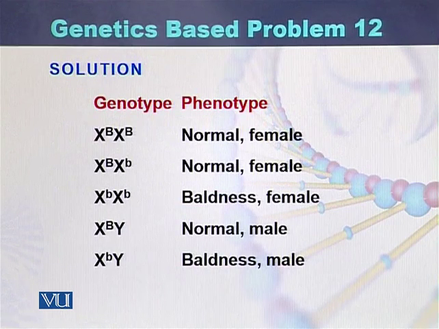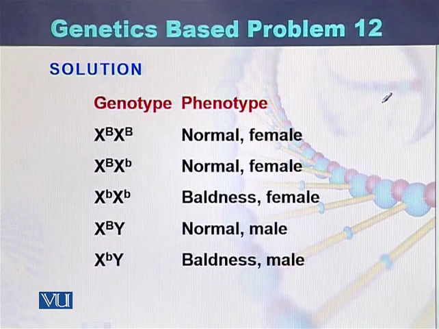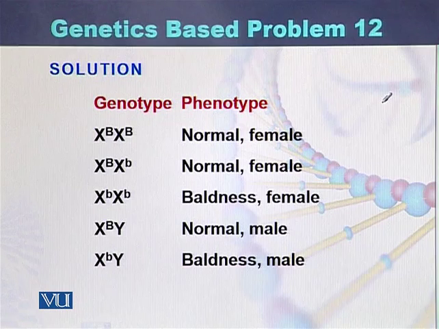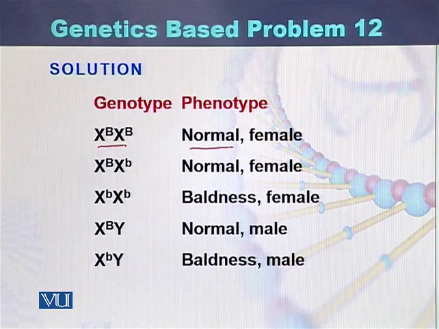So based on the information provided, if the disease is X-linked and recessive, what would be the genotypes and what would be the phenotypes? If the female is normal, then both alleles would be dominant.